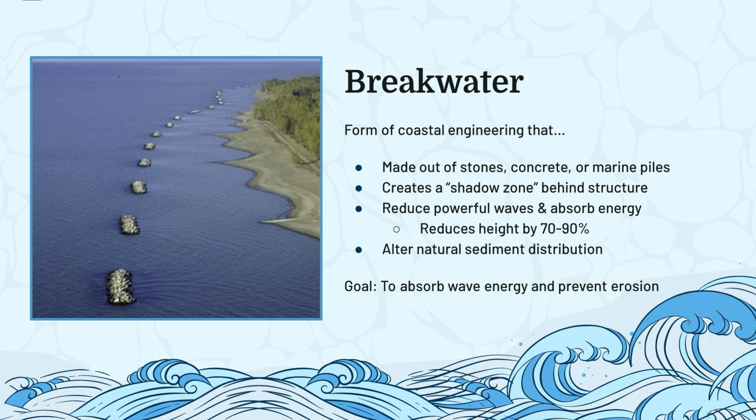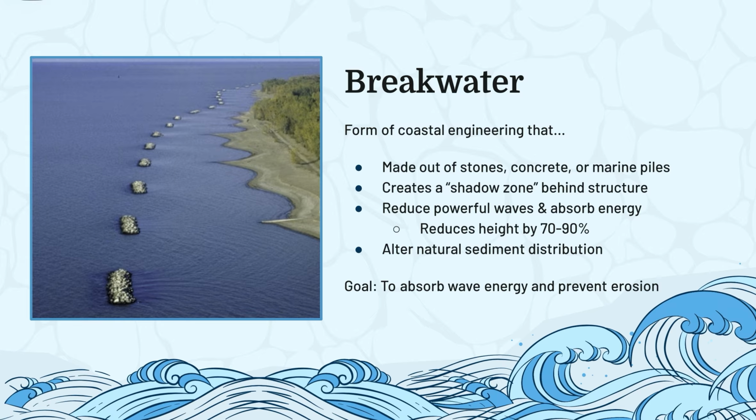The first prevention method we're going to talk about is a breakwater. Breakwaters are a form of coastal engineering, and as you can see in this picture here, they're made out of stones, concrete, or marine piles, and they create this thing called a shadow zone, which is behind the structure.